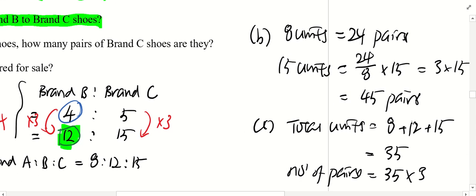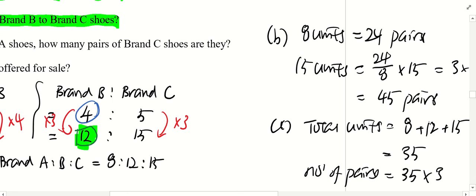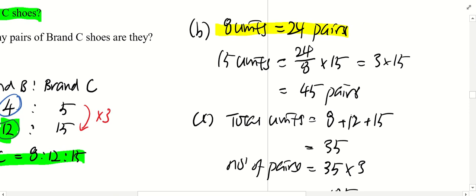In the ratio found in part A, it is 8 is to 12 is to 15. So A is represented by 8 units and C is represented by 15 units. Right? Since there are 24 pairs of A, we have 8 units is 24 pairs. And we're interested in finding 15 units for C.